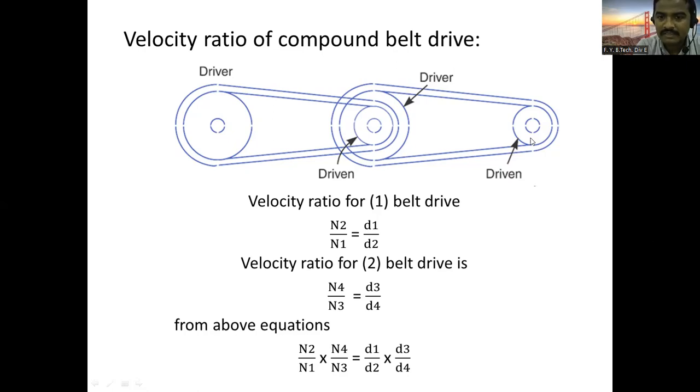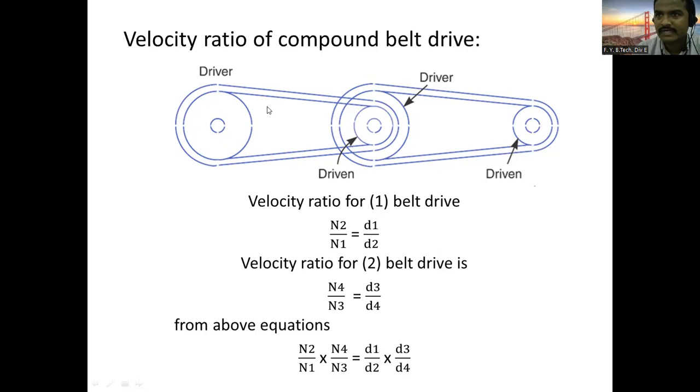Similarly, that theory will apply for the compound wheel drive. In the arrangement of a compound wheel drive, there is pulley number one as the driver and number two as the driven. On the same shaft, one more pulley is there, again a driver, and then the fourth one, a driven pulley. So there are four pulleys and two arrangements.